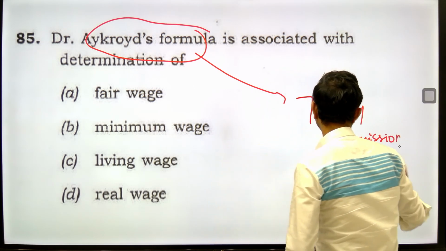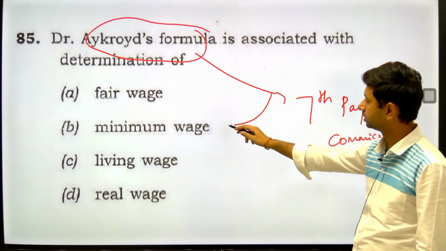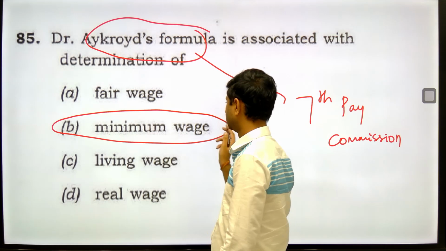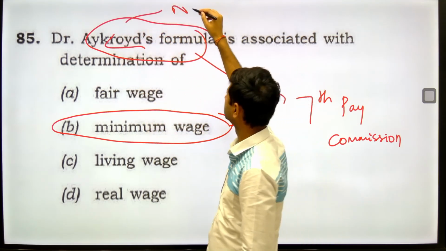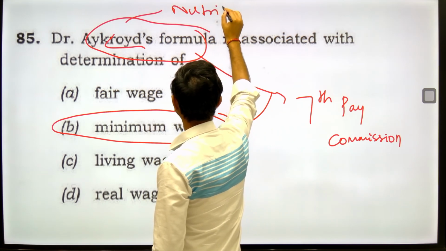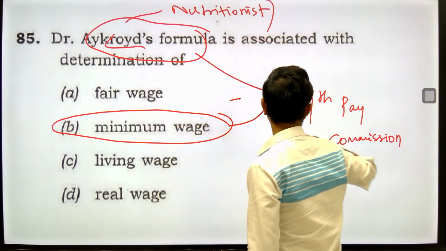So now tell me what should be the answer. The answer is minimum wage. Okay. Dr. Aykroyd was a famous nutritionist.